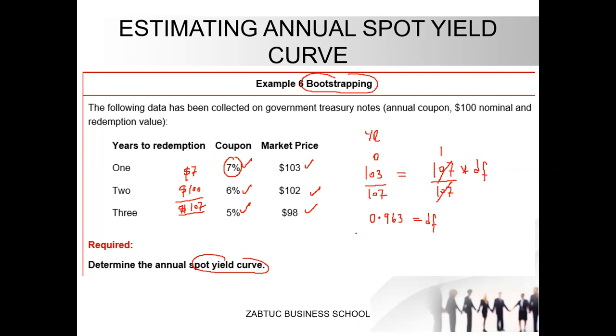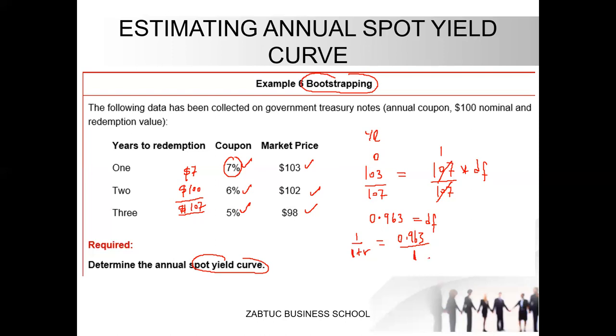So let's go. 1 over 1 plus the interest rate should give you 0.963. So what is this interest rate then? That's the one that we are looking for. So what discount rate will give us that? Okay. Let us solve that together. I've just put a 1 here.